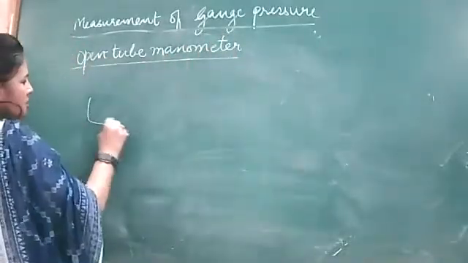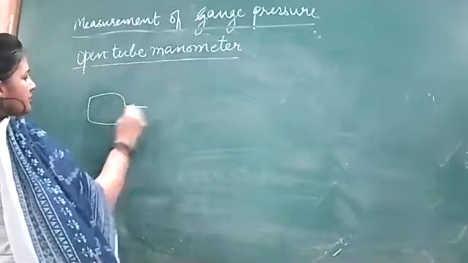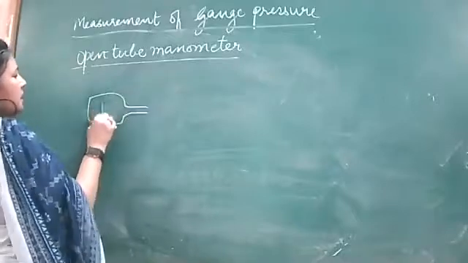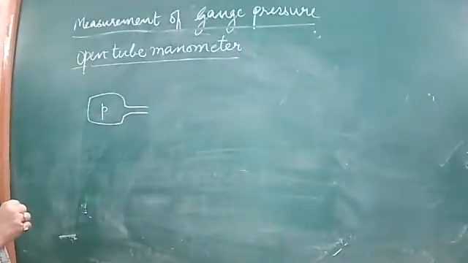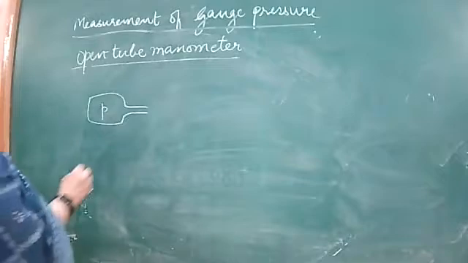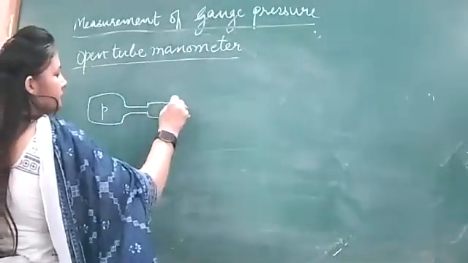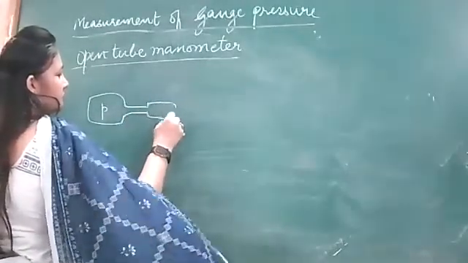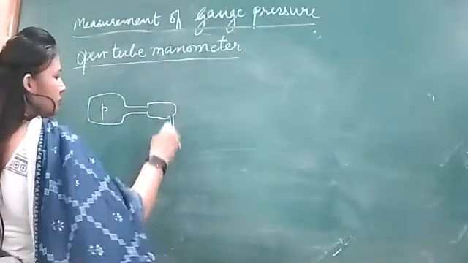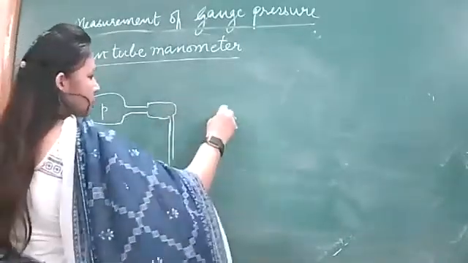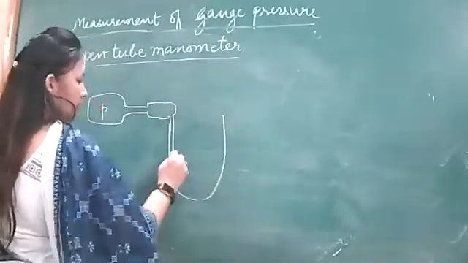So suppose this is an object whose pressure is P, whose absolute pressure is P. Okay, it is connected to a U-shaped tube.